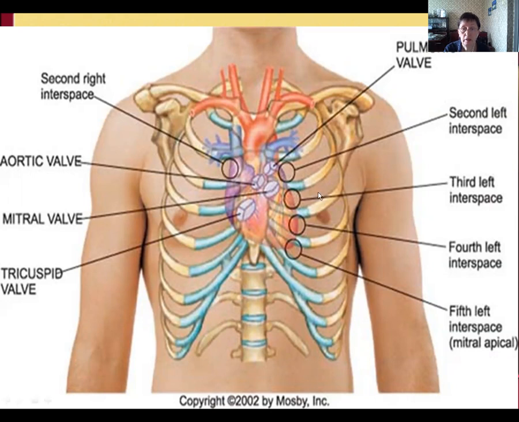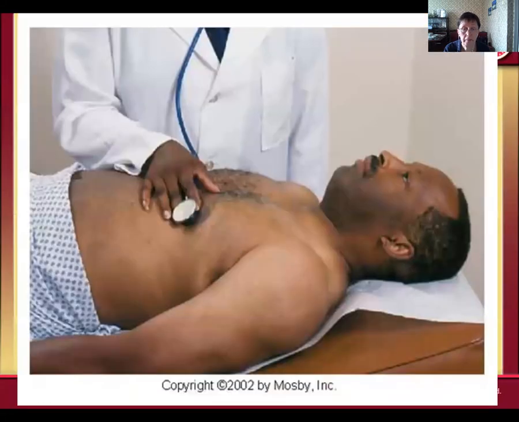Next point will be in the second left intercostal space, and here we auscultate for the pulmonic valve. And the last point, Botkin point, in the third left intercostal space. We see here one more additional point, but at least you need to know the 5 main points.